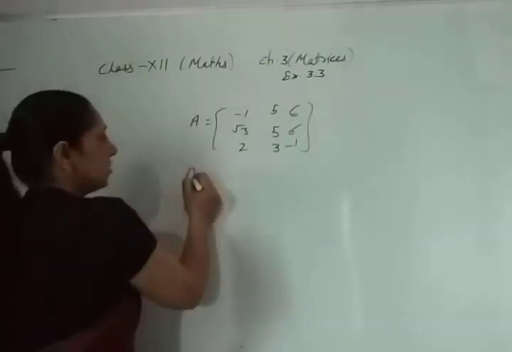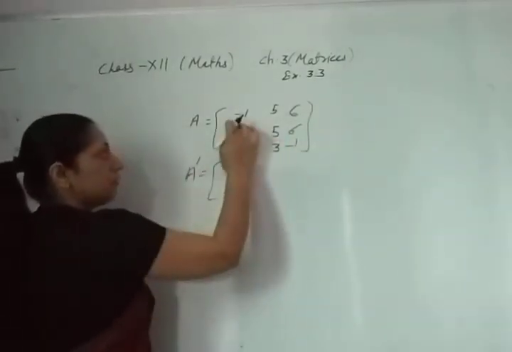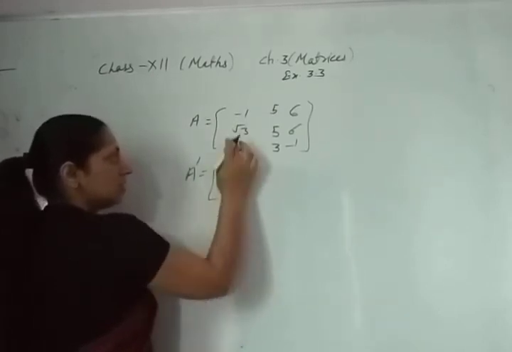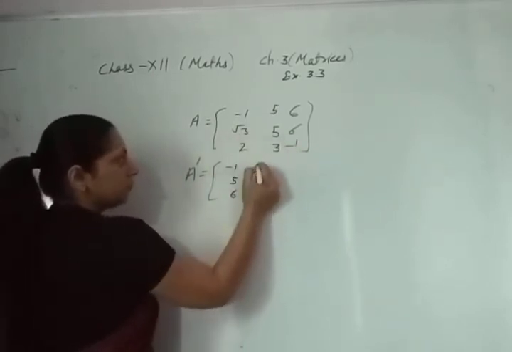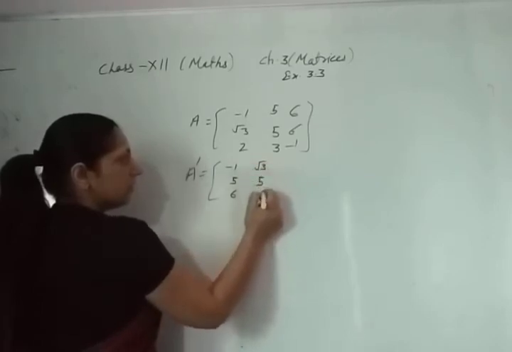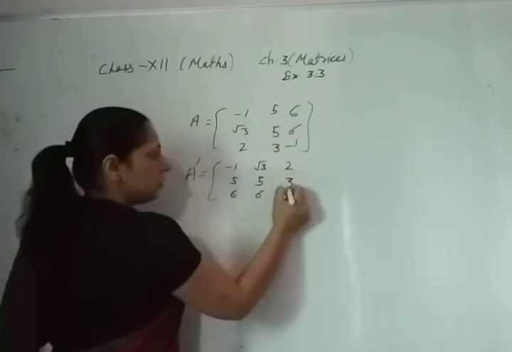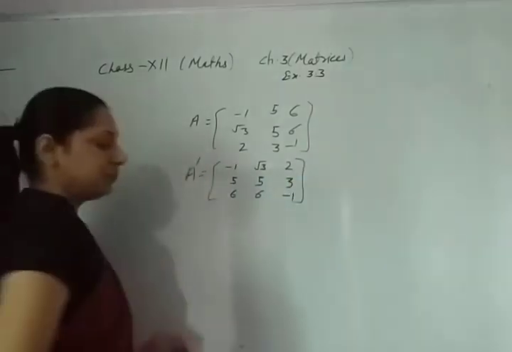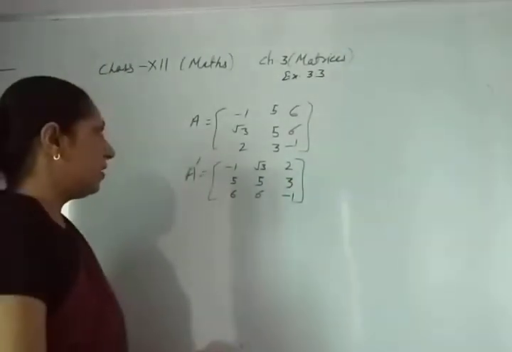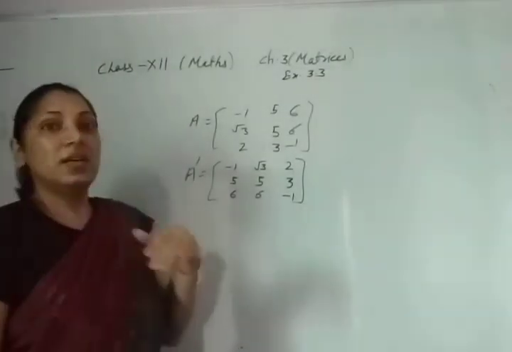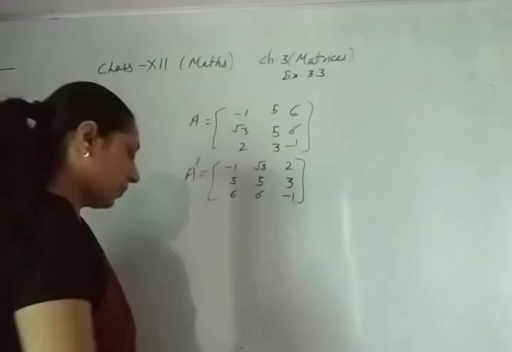So its transpose is first row into first column, minus 1, 5, 6, second row, second column, root 3, 5, 6, third row is our third column, that is 2, 3 and minus 1. So that's our question number 1. It means we can find the transpose of a matrix by changing its rows into columns.